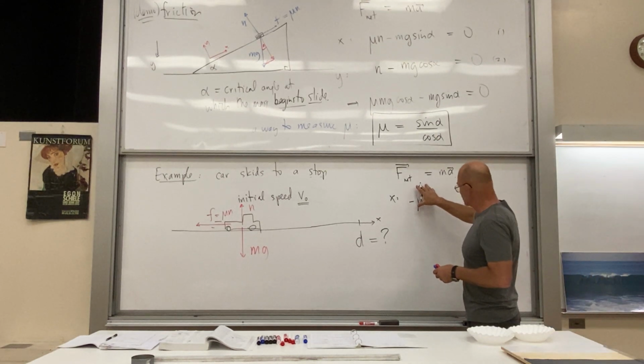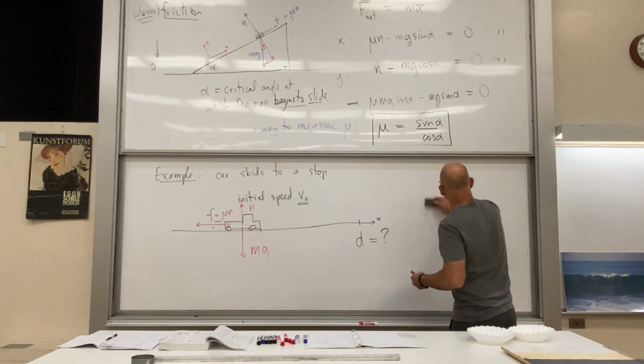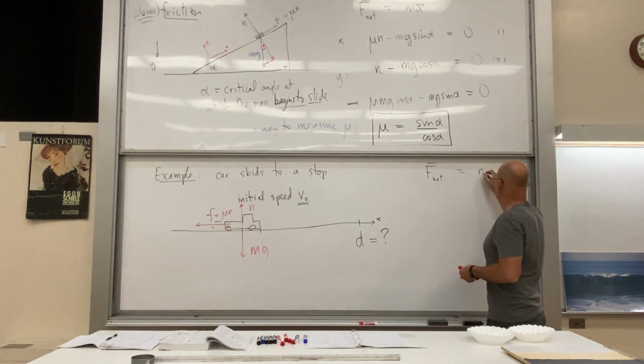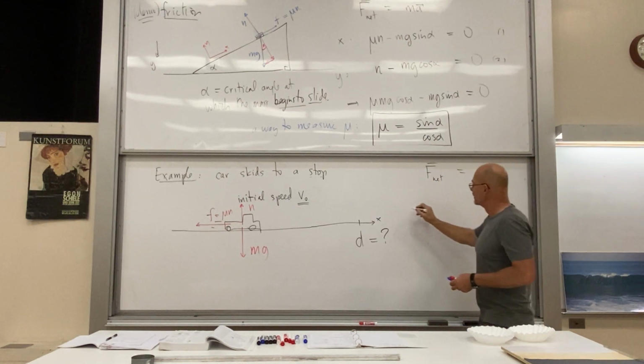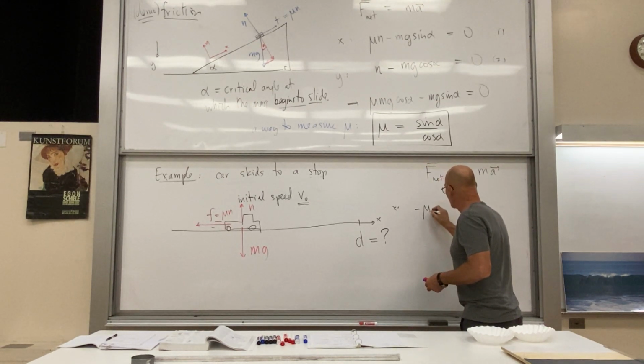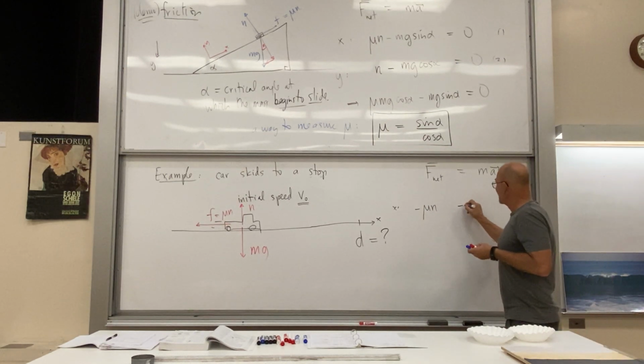Let me write that out just to make sure we see everything. So we're doing the net force equals mass times acceleration. We're doing the x component, we say it's minus mu n. That's the only x component, so that equals m times a sub x.